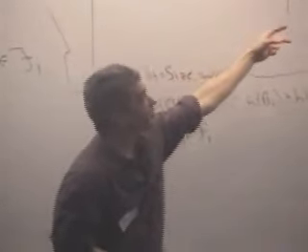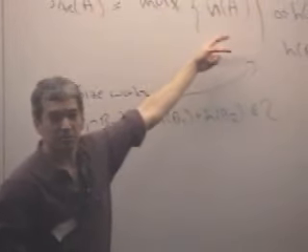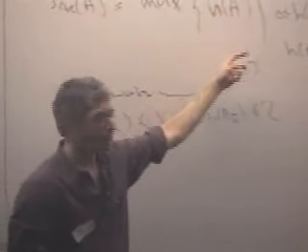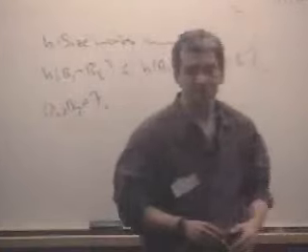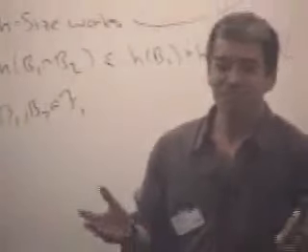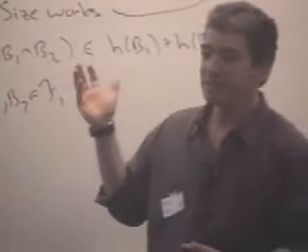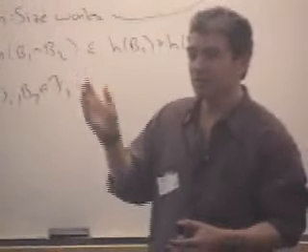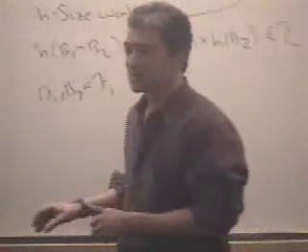So the size is always bounded from below by any one of these particular h of A's. So now all you have to do is pick an h, compute h of A if you can, and then you get a lower bound. It's just that simple.